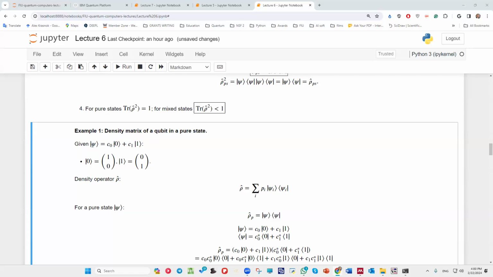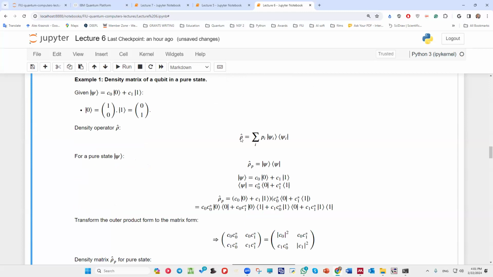A general state of a qubit is given by this superposition like this, where the zero state is column 1, 0, and the state 1 is column 0, 1. The density operator in the most general form is written here.